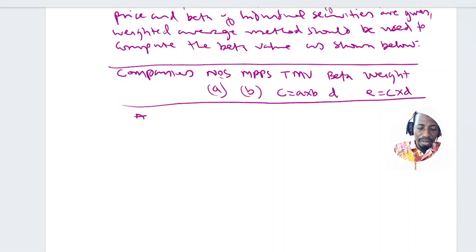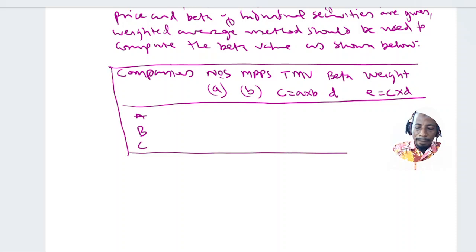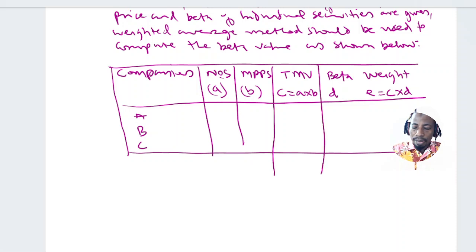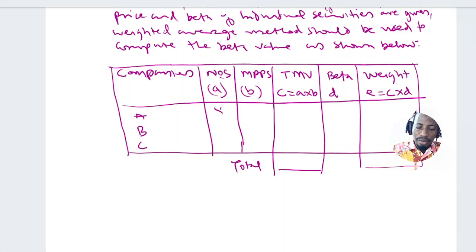Say company A, B, and C. All right. Here is total. So you have this, you have this, you have that.